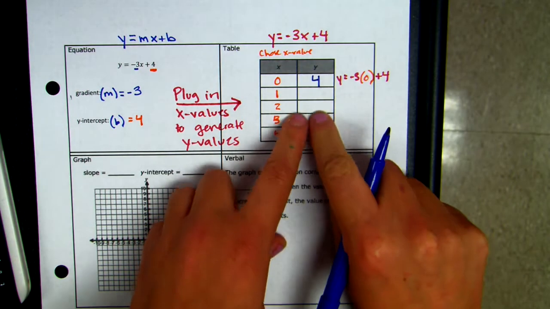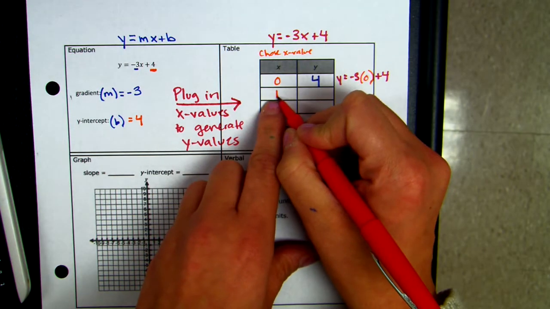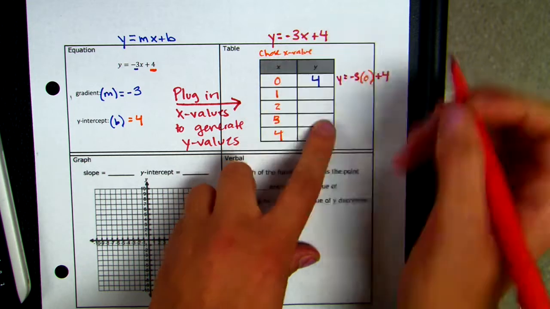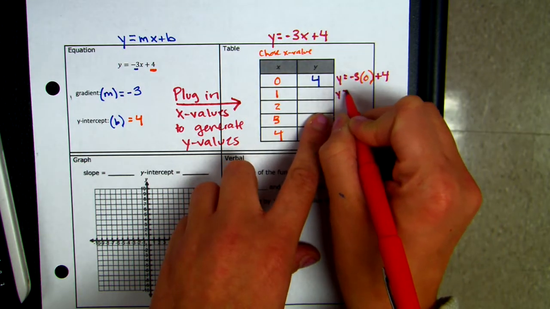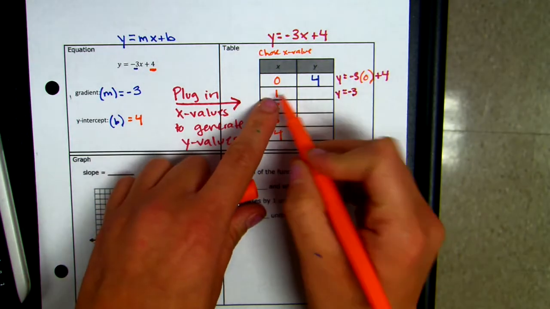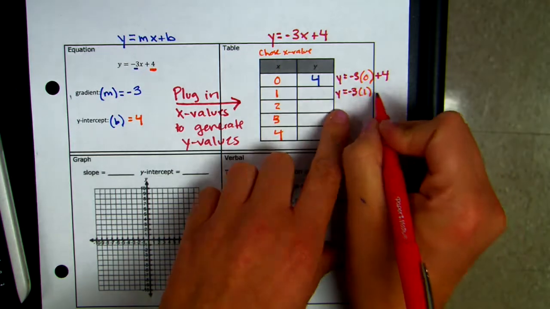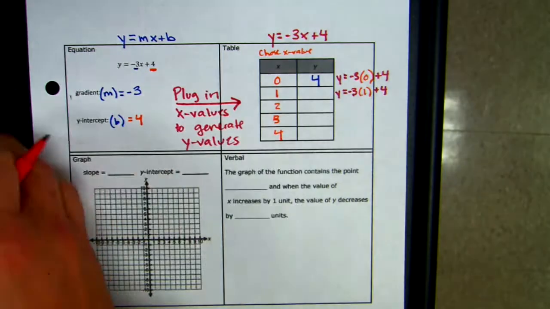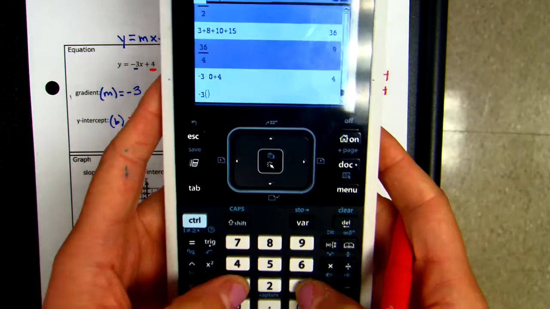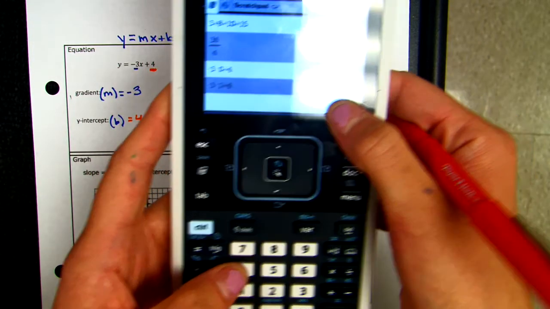I do the exact same thing with every single one of these. I'm going to take my x value, plug it in for x, to generate my y value. So here I'm going to write y equals negative 3, but this time I'm plugging in a value of 1, plus 4. Again, if I plug that in my calculator, I do negative 3, parentheses 1 plus 4, I get 1.